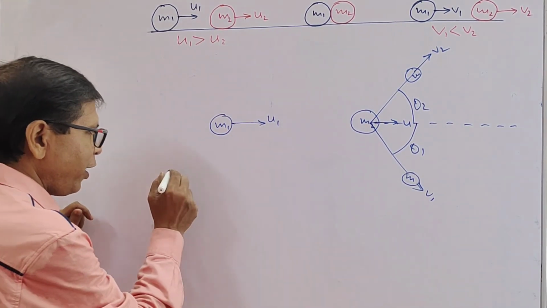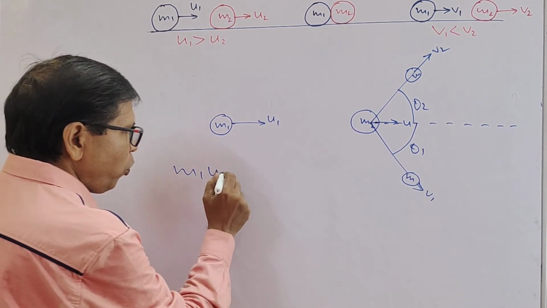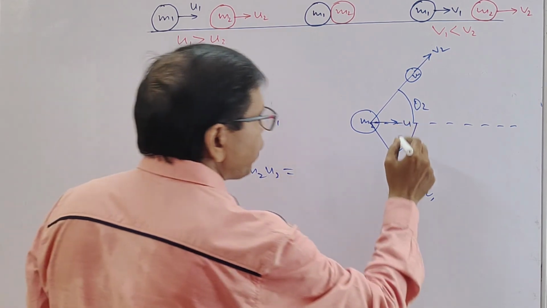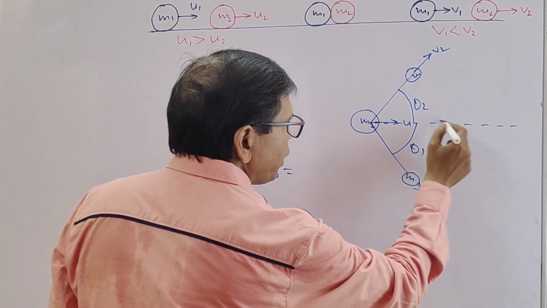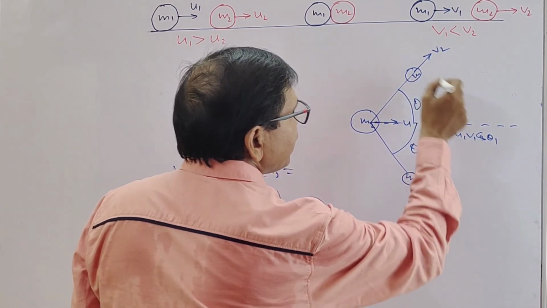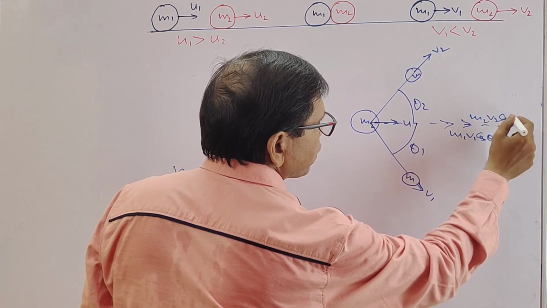Now look at this, the initial momentum along the line of motion is m1u1 plus m2u2. Now after collision, the components are m1v1 cos theta 1 and m2v2 cos theta 2.